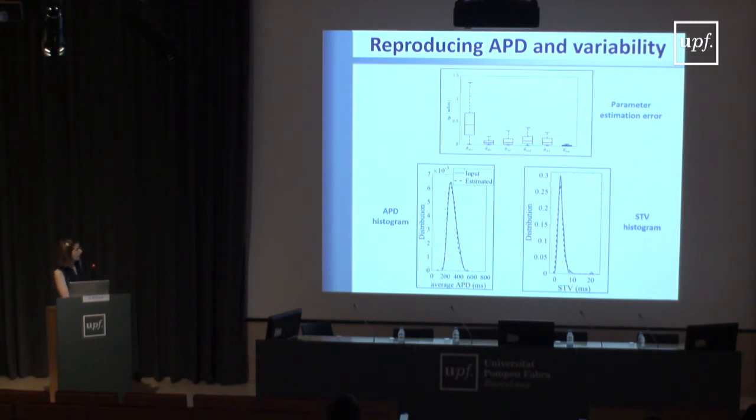Here we see how we do it in terms of estimating the different parameters of the models. You see that all of them can be adequately estimated except for the IKs current, which is a particularly difficult current in the models because it has very low impact on the action potential, at least with this human ventricular model, the O'Hara model that we are using.